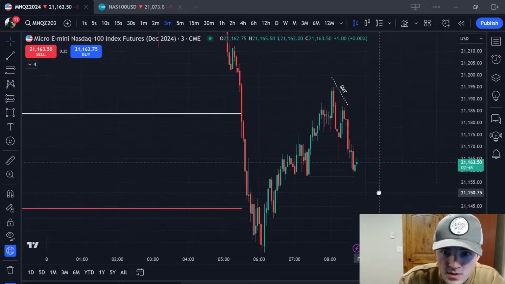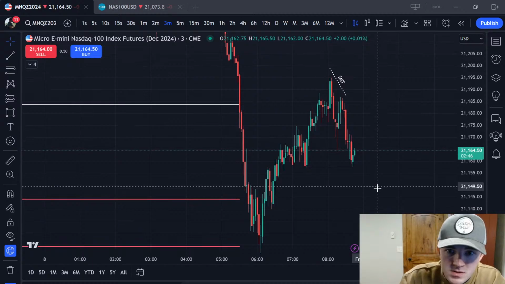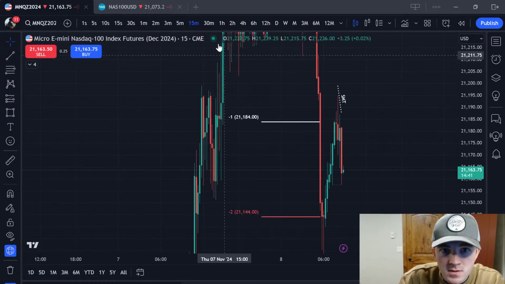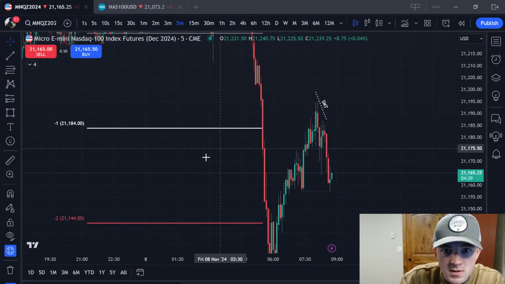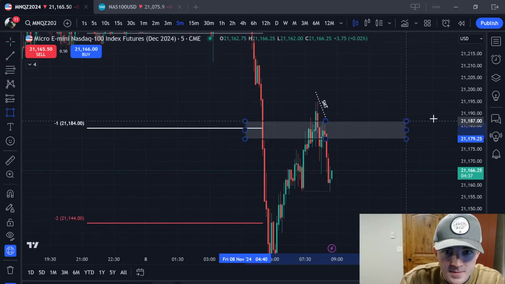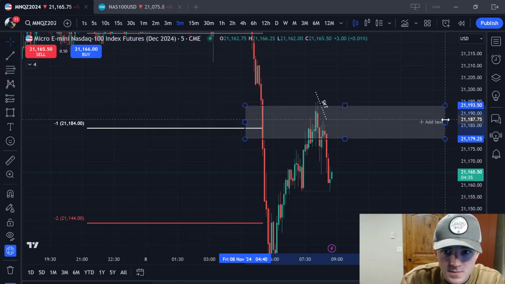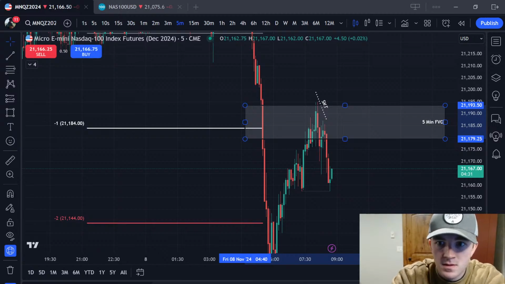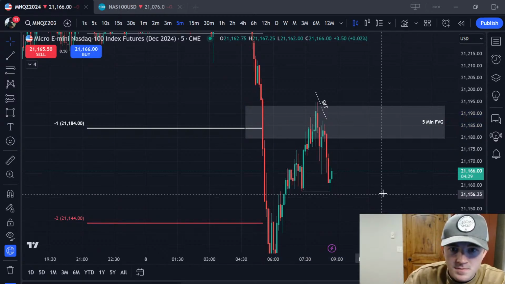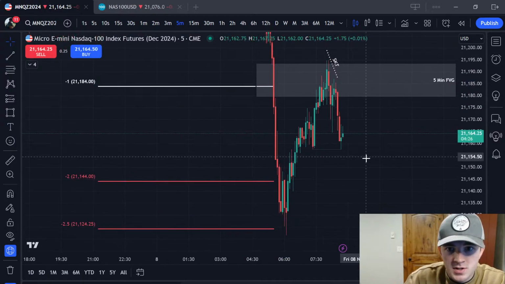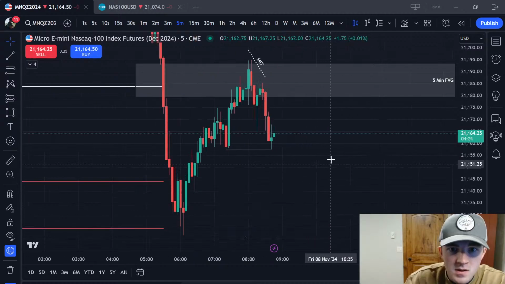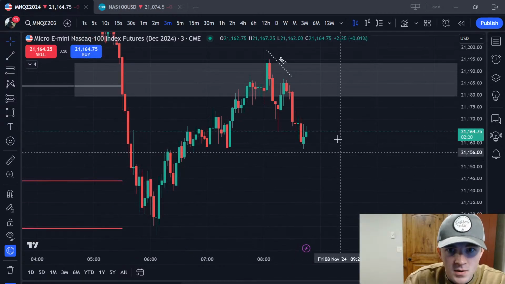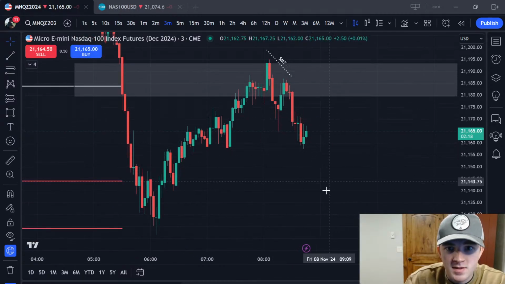We left equal lows. Delivering from this 5 minute fair value gap. We broke structure. I want to see if we can push back up into this.